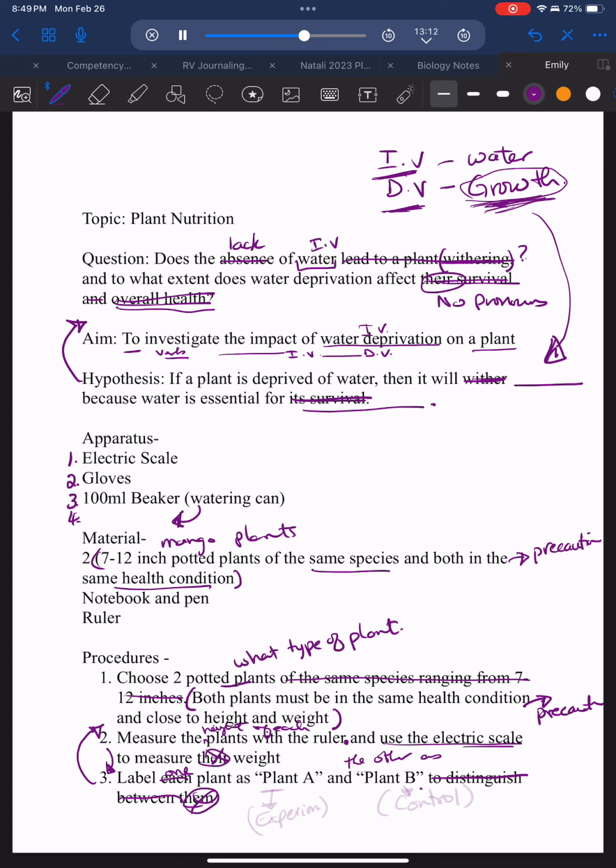Sorry, I'm trying to make sense of this. So plant B would be receiving water, so that would be like the normal condition. Plants get water, so B would be the control. Make sure that you label plant B as your control, plant A as the experimental group, right?